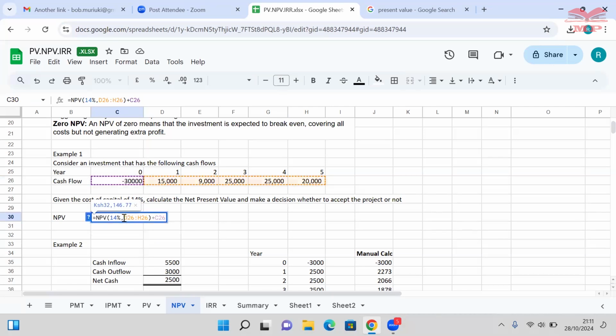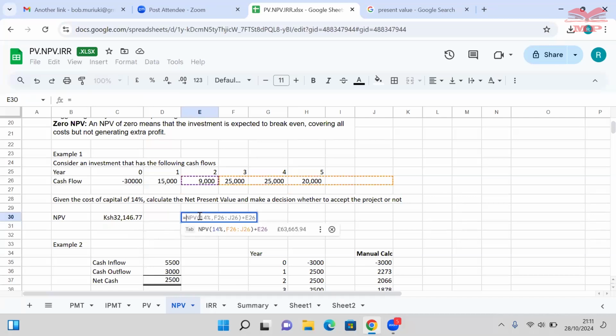Actually it is the cash flows you will select. So that is 15,000 up to 20,000, D26 to H26, then you will add the capital amount, the amount you started with. Okay, so that formula again, let me type it to avoid confusion, is equal to NPV.